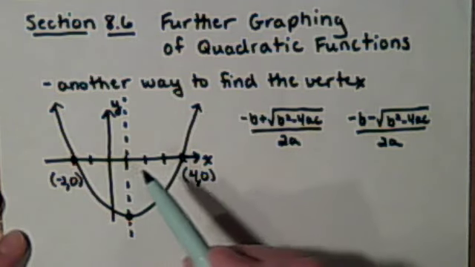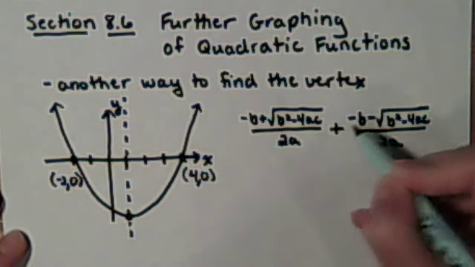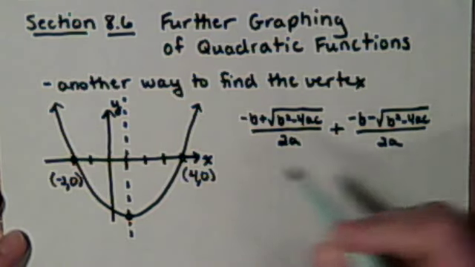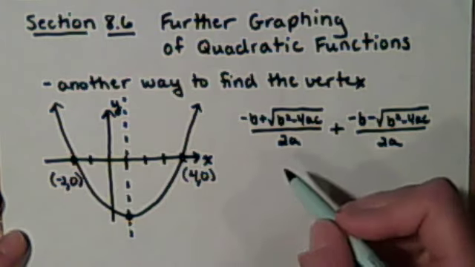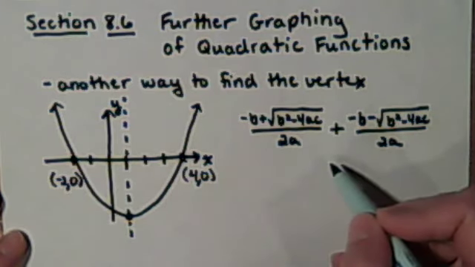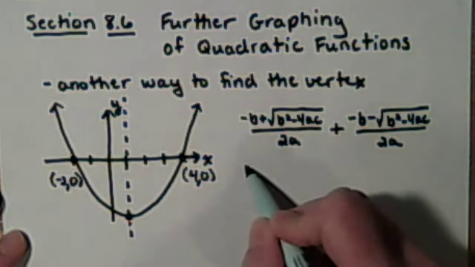So if I want to find the value that's halfway between these two points, and again visibly we can see that on the graph, what I can do is add these two values together, because they represent the 4 and the -2. If I add them together, it's really not going to be as ugly as it may look at the moment.